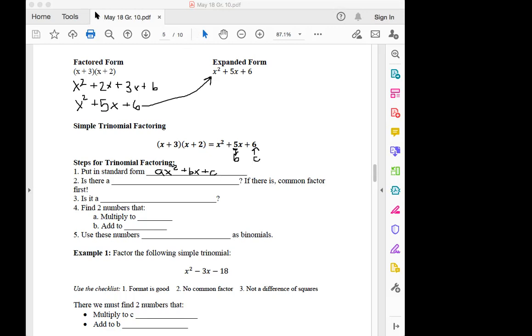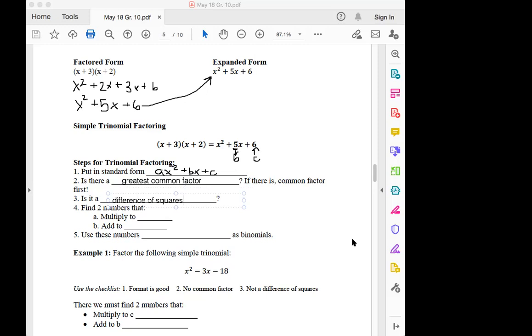Okay. Our next step is going to be to make sure that there isn't a greatest common factor. So remember that you have to look for your common factor first and do that, and then you can move forward. The next thing to check is if it's a difference of squares. So we noticed earlier that with a difference of squares, you can square root both your terms.